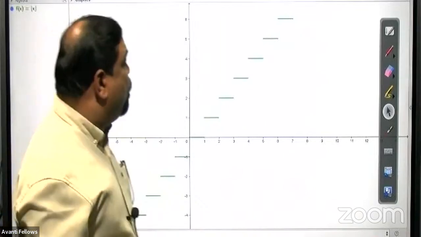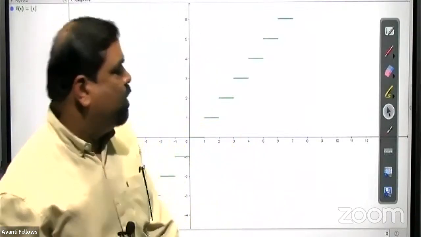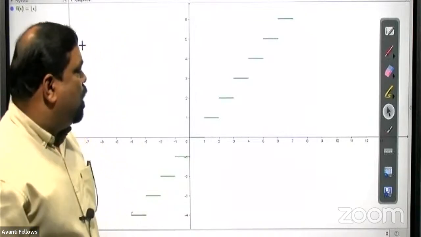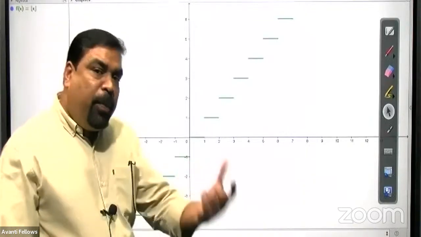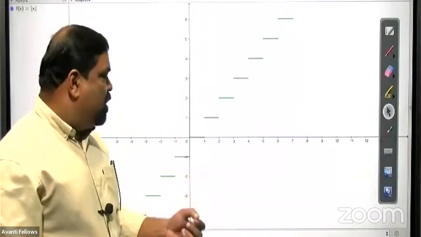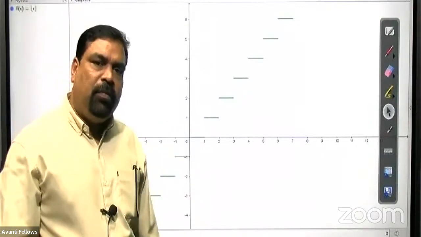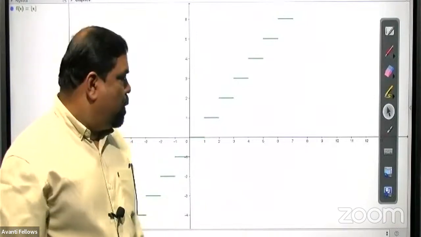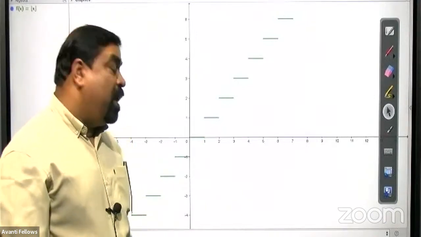Now tell me, what are the points where the function is discontinuous? The points of discontinuity of this function. Very clearly, the integral values, integers. At the point 1, what is the left hand limit?